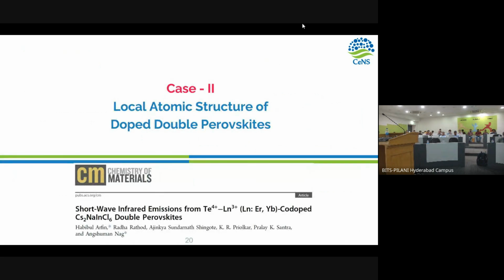Okay, so for the next 5-7 minutes or so, I'll be giving another 2 examples of how we use EXAFS to determine the local atomic structure of the dopants. In this case, we are talking about double halide perovskites.